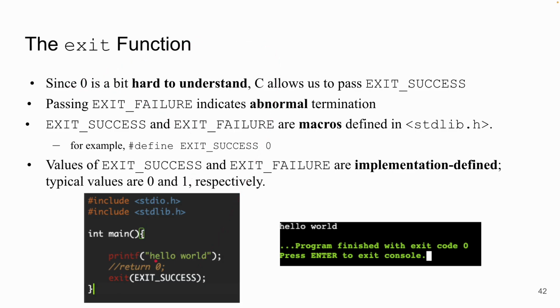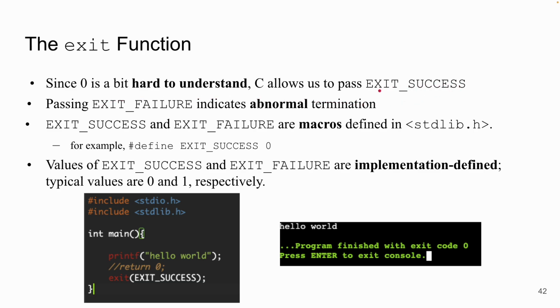The meaning of 0 here is sometimes hard to understand. Actually, 0 means that this program terminates normally. So C also provides some macro definitions for the status codes.